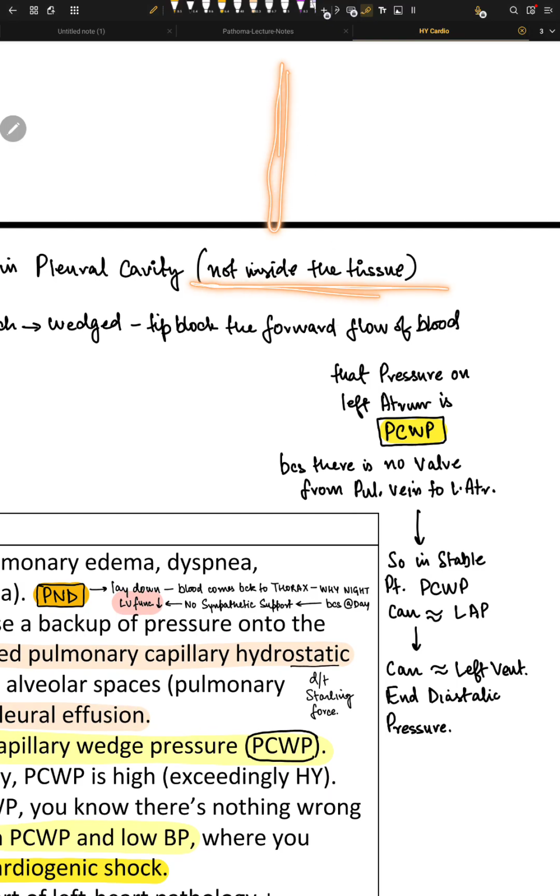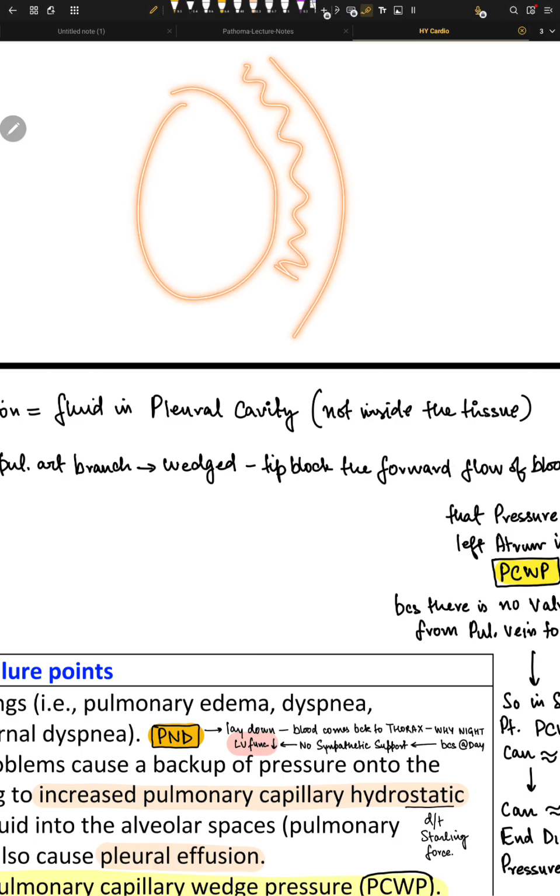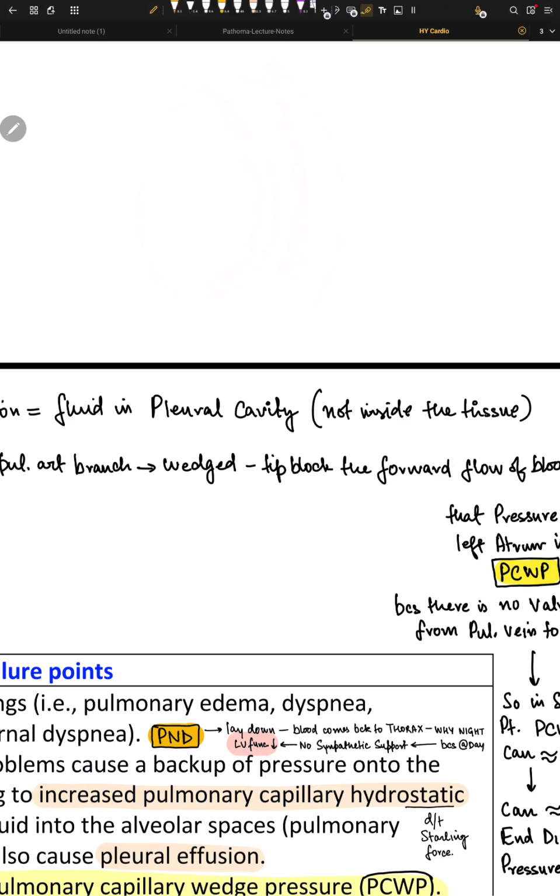Okay, so there are the lungs, and this is my pleural cavity, and we have one more layer. I'm just trying to give you an example. Right here in the cavity is the water. If we have edema, then we have water inside the interstitium of the lung. That's the difference right there.